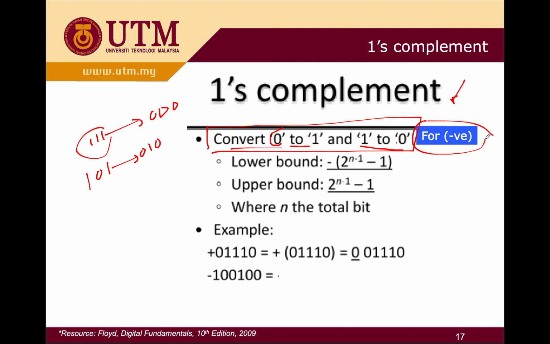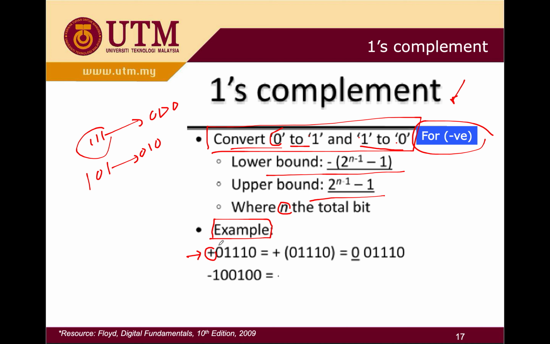But this one is applied only for the negative. So this one is the lower bound and this one is the upper bound. It is quite similar, where n is the total number of bits. And here you can see the example. You have this number 11010 and you are given it as a positive.